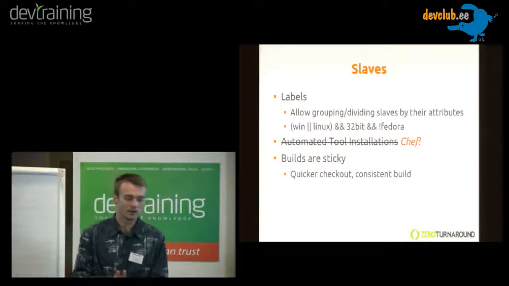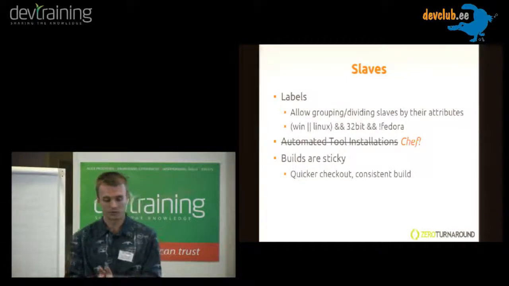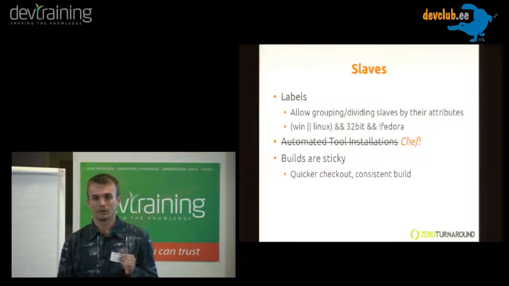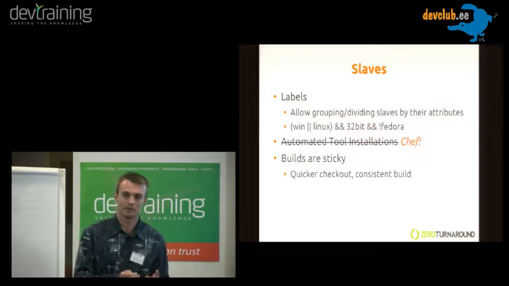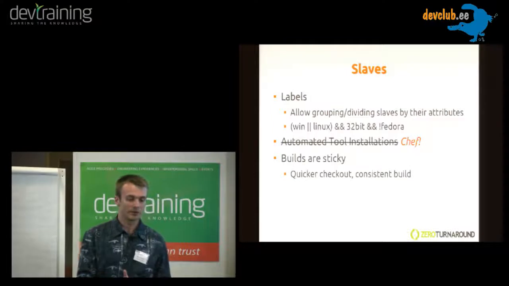That's why Jenkins tries to build the project on the same slave, on the same machine where it made the previous build. So this way we don't need to wait for checkout once again. The project is already checked out there, and builds are more consistent. So there shouldn't be any environment errors.